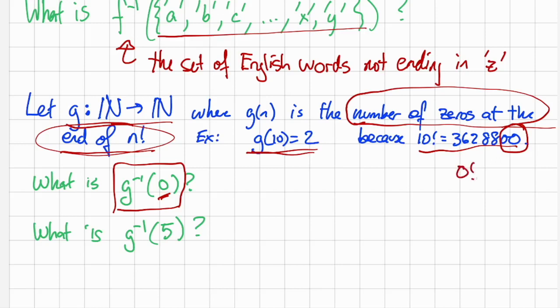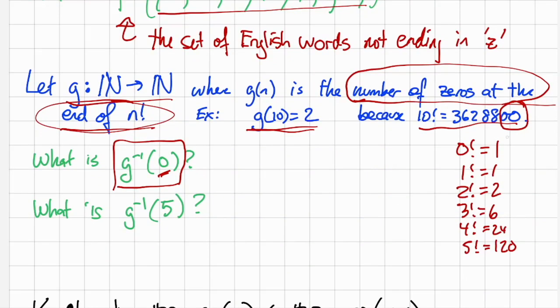If we have 0 factorial, we get 1. 1 factorial is 1. 2 factorial is 2. 3 factorial is 6. 4 factorial is 24. 5 factorial is 120. What you see here is that we have 5 inputs in the domain where the output of the function g is equal to 0.